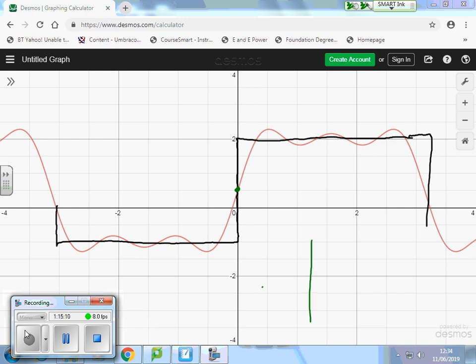If there's a reflection about the y-axis like that one is, you only get cosine terms. And if you haven't got either of those, you'll get both. You'll get sine and cosine terms.